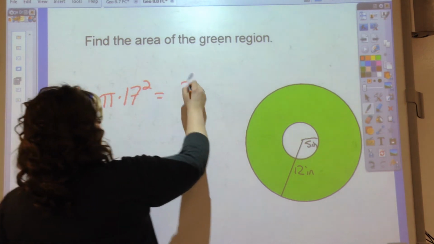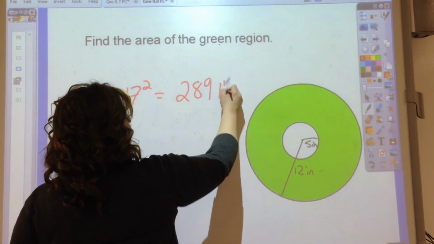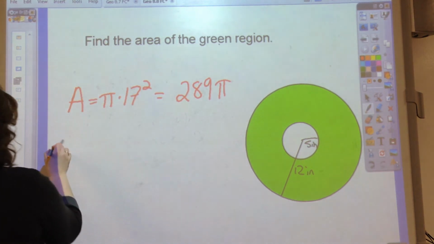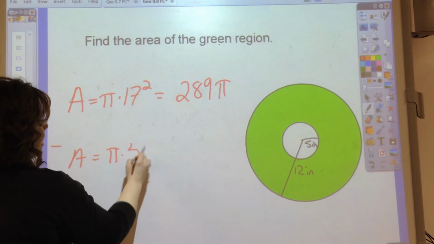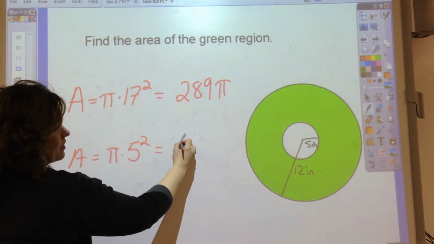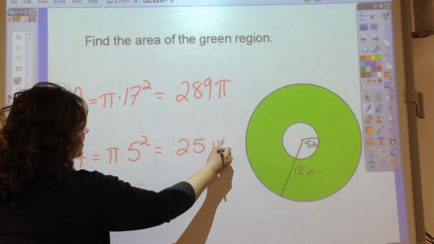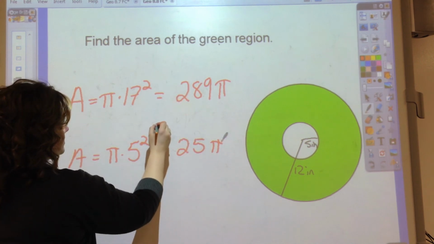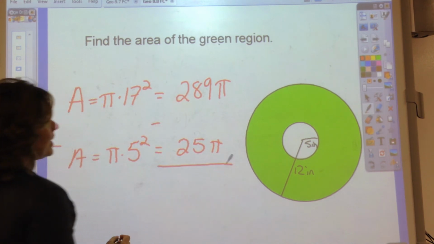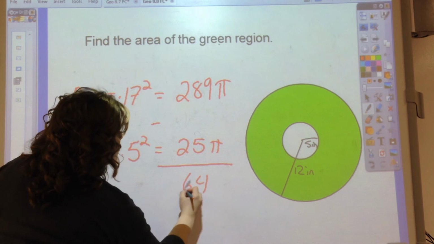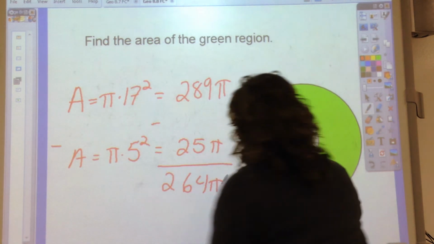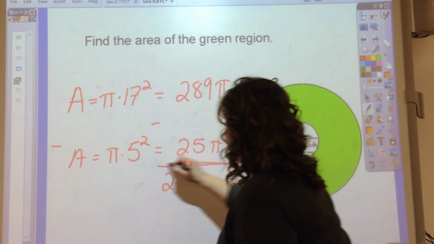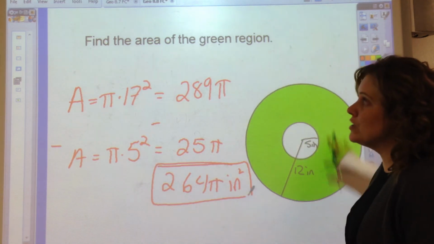And I'm correct. 289 pi is the area of the big circle. And I'm going to need to subtract the area of the little circle, which is going to be pi times 5 squared, which is 25 pi. When I subtract these, I end up with 264 pi, and my units are inches squared. And this would be the area of the green region only.